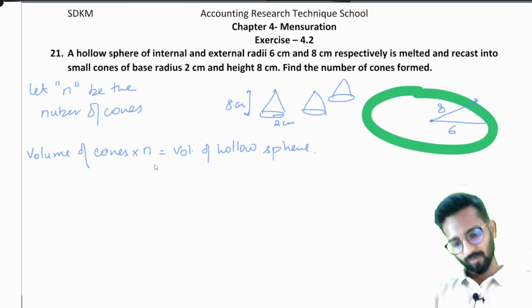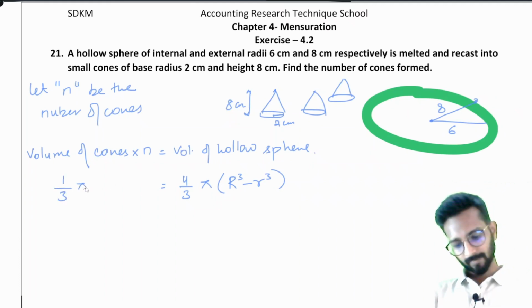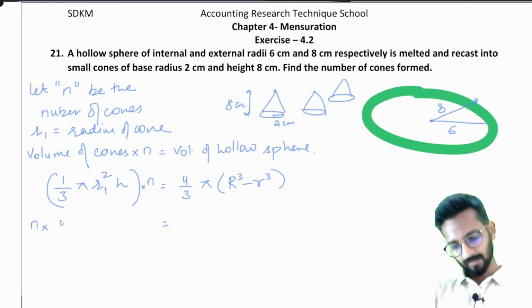Now volume of hollow sphere is 4 by 3 pi of R cube minus small r cube, because big radius is 8, smaller is 6, and volume of cone will be 1 by 3 pi r1 square h multiplied by n. Here r1 is radius of cone.